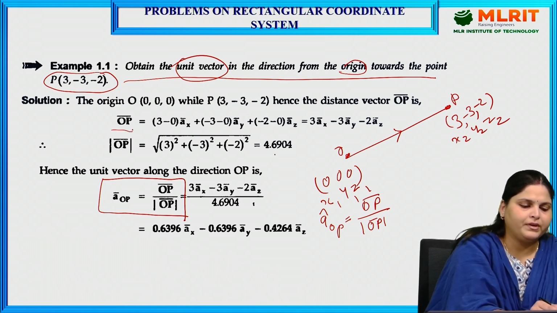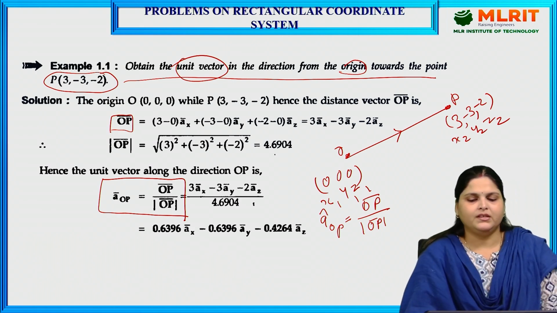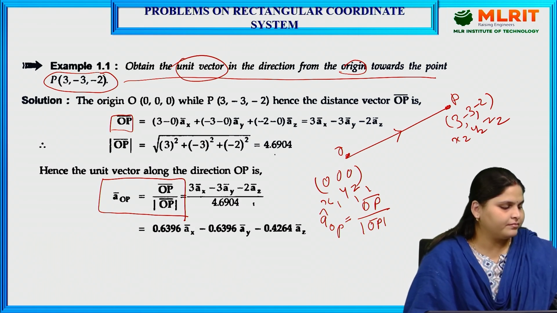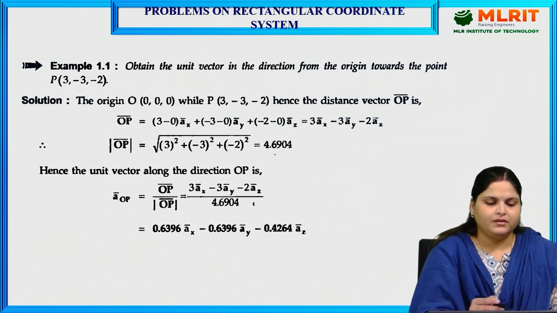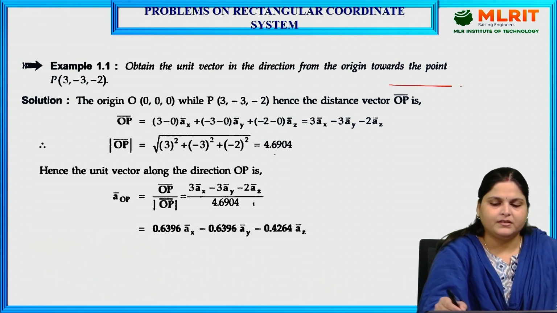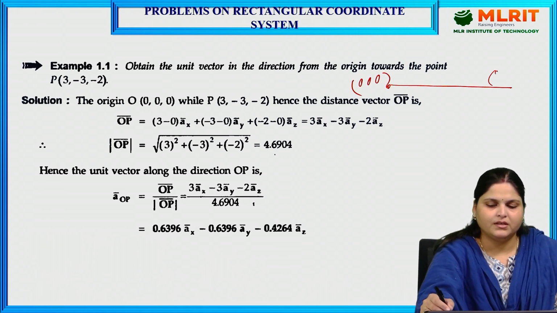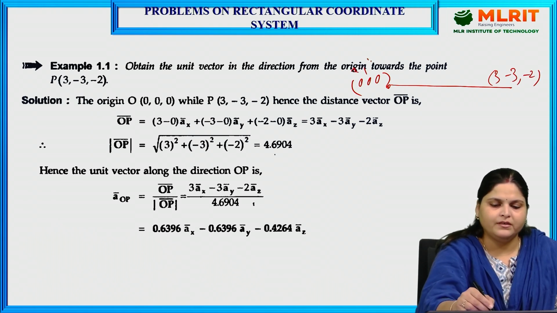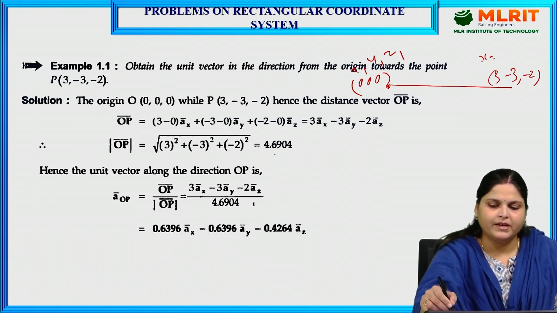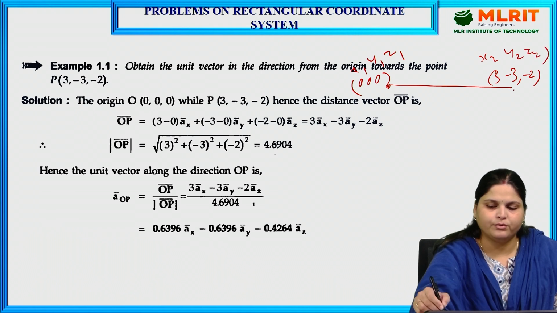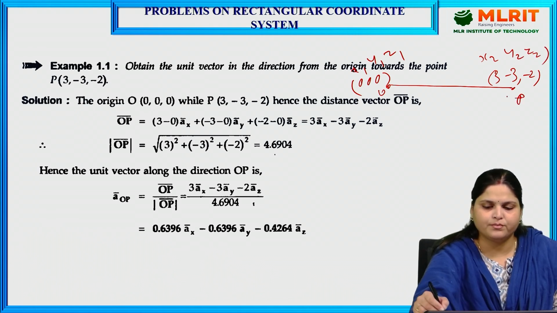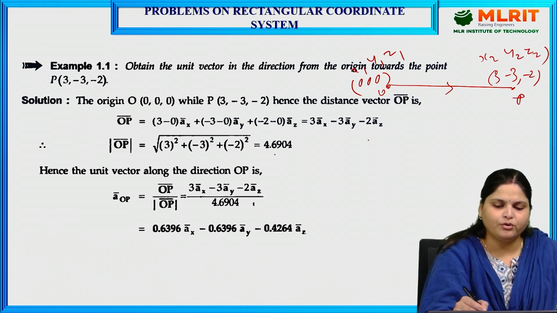This is OP. We can see that this is 0, 0, 0, and this is 3, minus 3, minus 2. So x1, y1, z1, x2, y2, and z2. This is O and this is P. So we are finding OP first.